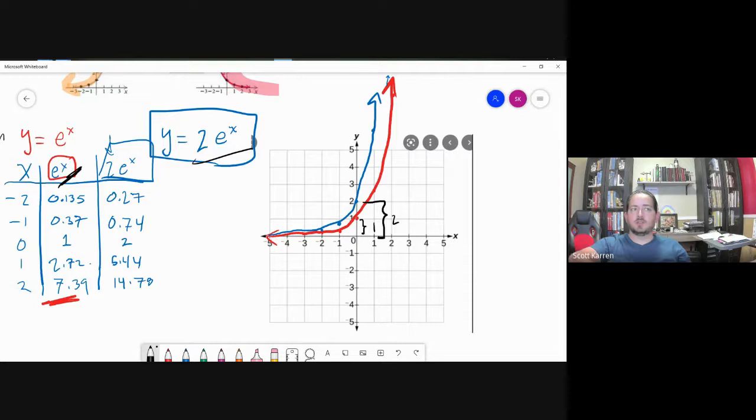It's double, right? The distance right here is doubled for the blue one. Every distance everywhere, if you double it, you get to the other one. This is called a vertical stretch.